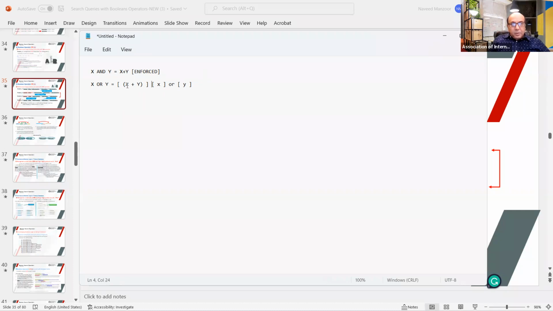So what happens is, remember I told you it is AND or OR. Basically, when you're running your OR command, it is going to try to find X plus Y first. This will be the first action, and this would be the second action.